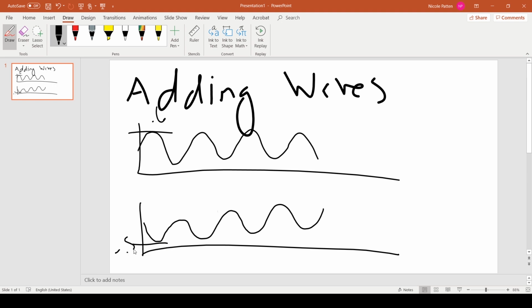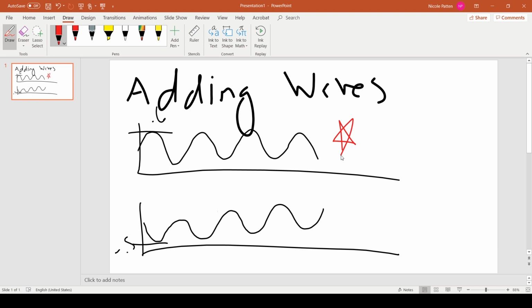So it's the same wavelength, the same frequency. It's 180 degrees out of phase, but they don't have the same amplitude. This wave has more amplitude. It's a little bit louder of a signal.